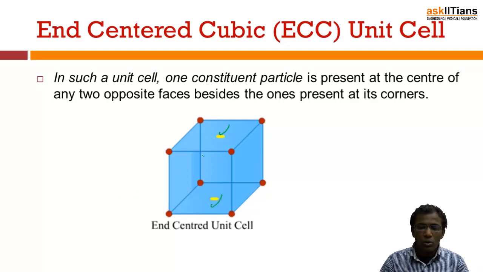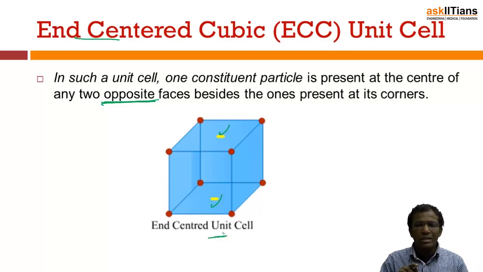But only two faces. We have particles present only at the center of two opposite faces, not all faces. If they are present at the center of all faces, then it will become face centered. But since it is end centered, the particles are present only in any two opposite faces. This is known as the end centered unit cell.